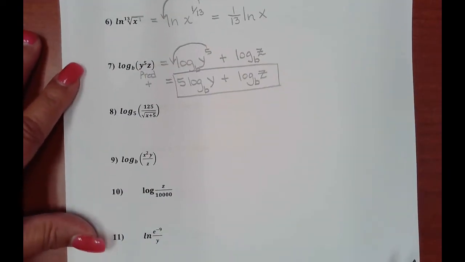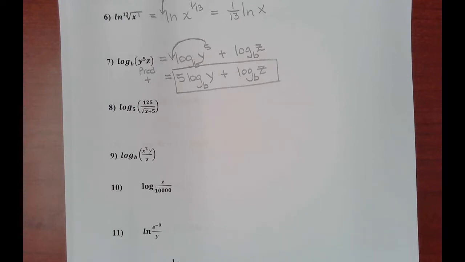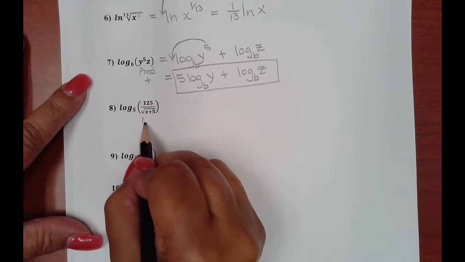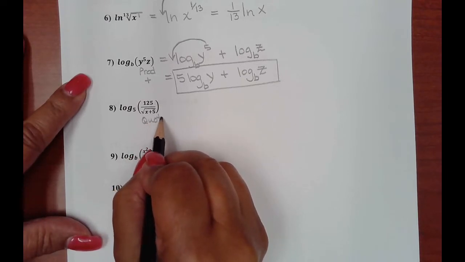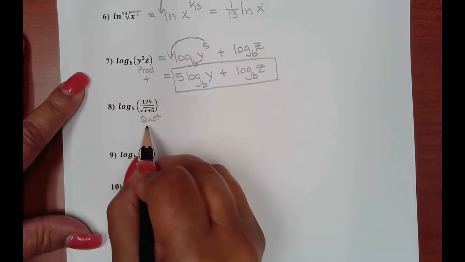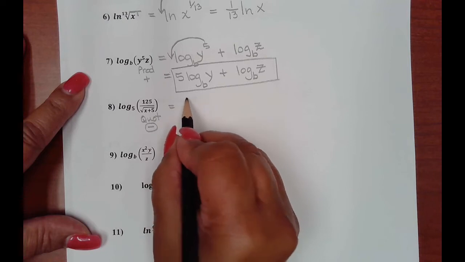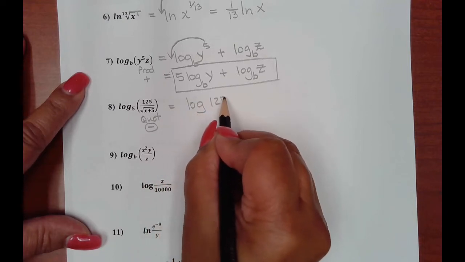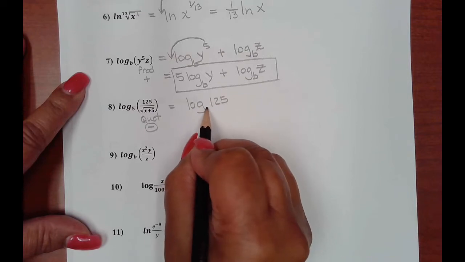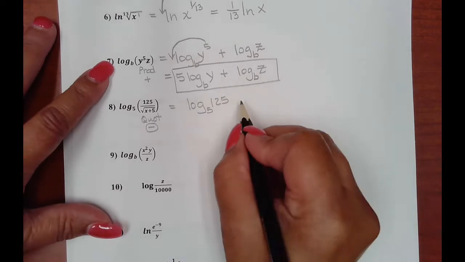In problem number 8, again, we see the radical, but that radical, you want to be able to write it in power form. But first, the first thing you're going to do when you're expanding is take apart either the product, if there's a product, or the quotient. Here we take a quotient apart with a minus sign. So it is log of the top, same base that you started with, minus log of the bottom.